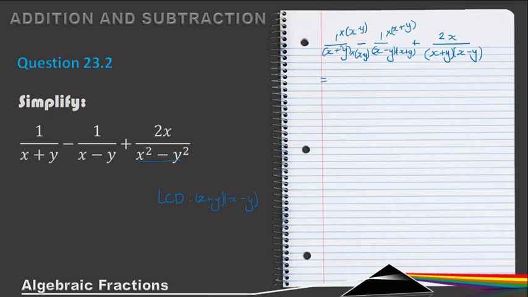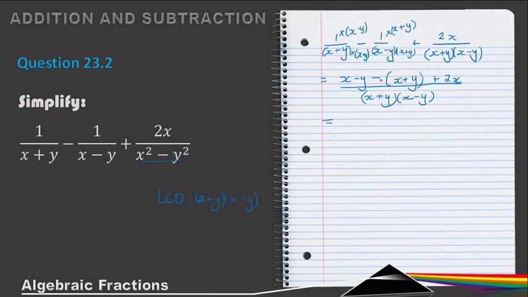So next step is to put everybody over the lowest common denominator, and we write x minus y minus x plus y. Just be careful for this negative to still put these in brackets, and then plus 2x, and that's all over x plus y and x minus y.